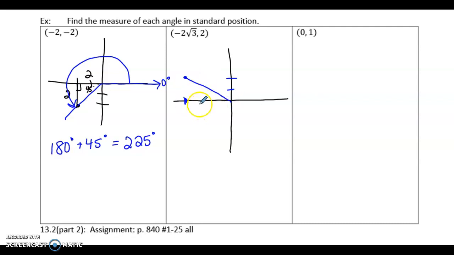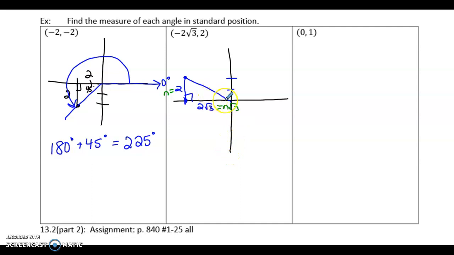But we can label it, since we're talking about this triangle here. We're going to make our reference triangle, and that length is 2 square root of 3. This is 2. So this one you would recognize is your 30, 60, 90 triangle, because you've got your n and you've got your n square root of 3.